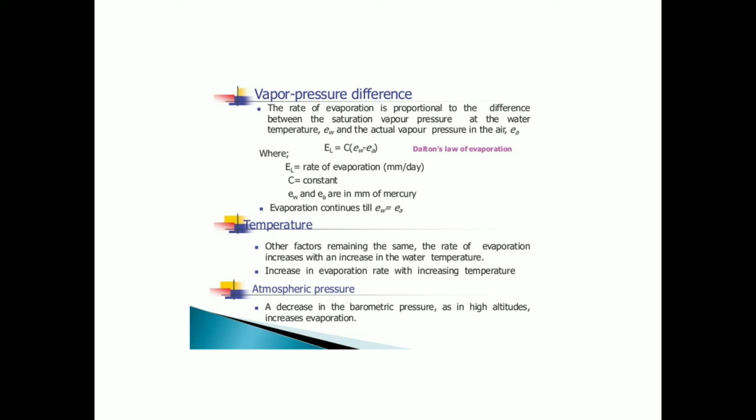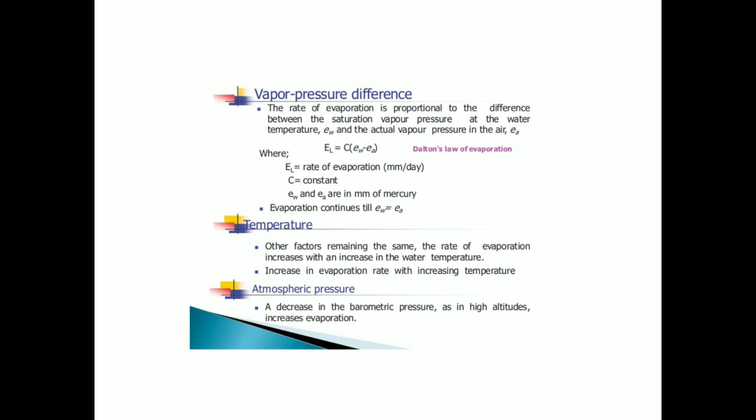It states that EL = C(EW − EA), where EL is the rate of evaporation in millimeter per day, and C is the constant found out by Dalton. EW and EA are in millimeter of mercury. EW is the saturation water vapor pressure at the water temperature, and EA is the actual vapor pressure in the air.